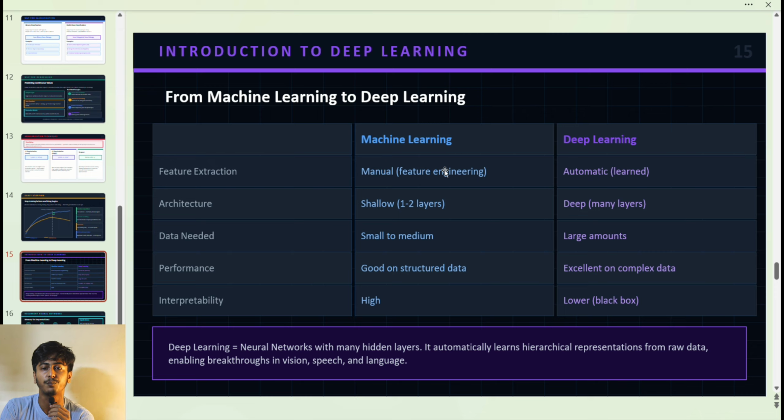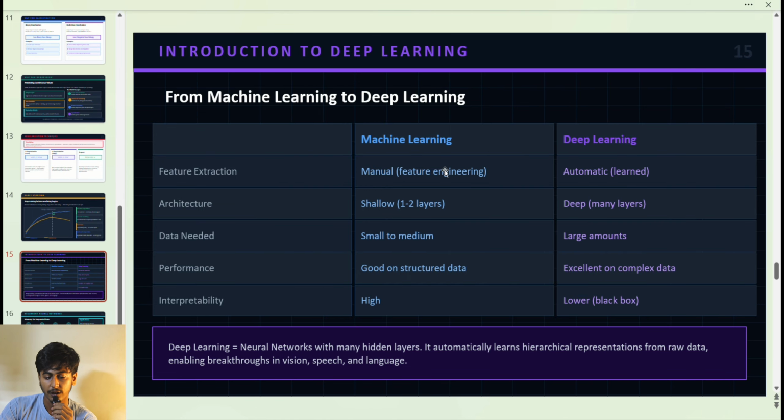Deep learning, through its many hidden layers, identifies these features itself. As data volume increases, deep learning models continue to improve in performance, whereas shallow models tend to plateau. It is this scalability that has fueled modern breakthroughs in speech and vision.